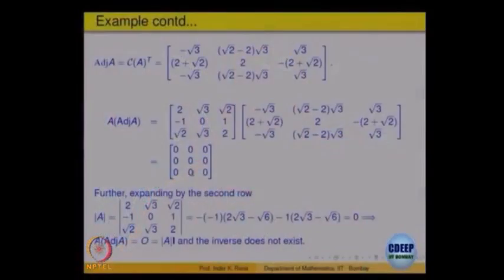If A is not invertible, this product will come out to be 0, because in that case determinant of A is 0. So, A times adjoint of A equals adjoint of A times A equals 0 times identity, which means it should come out to be the zero matrix.